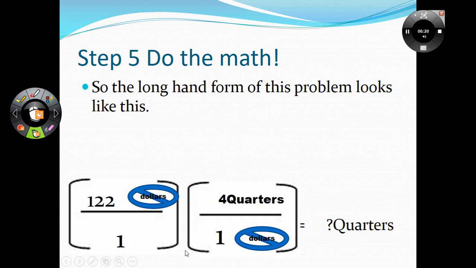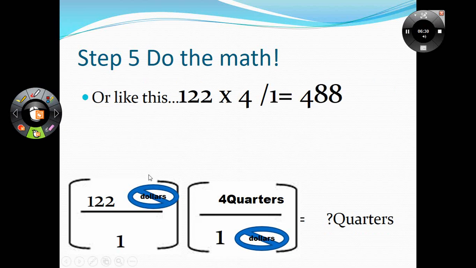Then I'm going to divide. It's in order of operations, so I'm going to do multiplication, then division. 122 times 4 gives me 488. Divided by 1, boom, that's your answer.